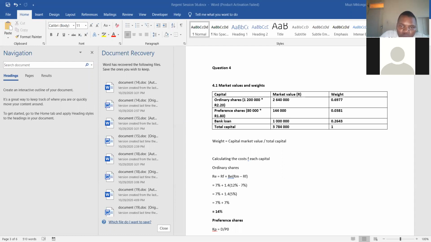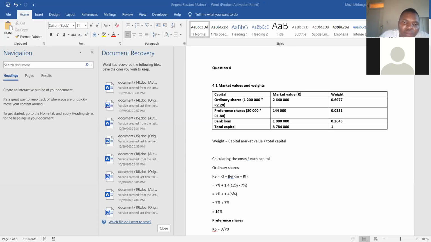On preference shares, the value was 2 rand when issued, but now it has dropped to 180. So you will say 80,000 times 180, and then you get the market value of the shares. Same thing on a bank loan, but on a bank loan you do absolutely nothing, because the value will remain the same. It won't change, because that's money.